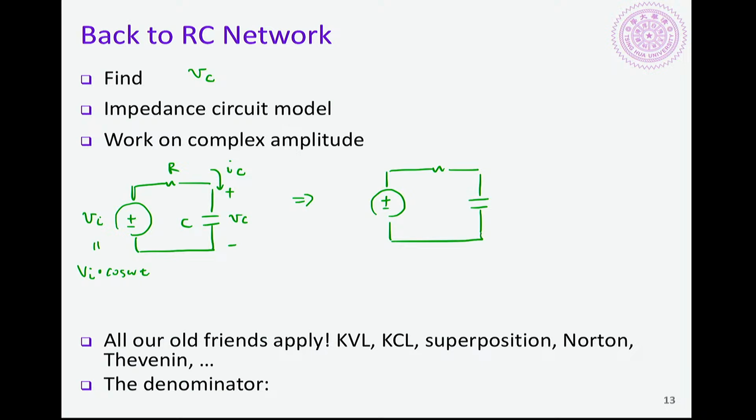firstly we convert the source into the complex amplitude Vi. And then we build the impedance circuit model. So the impedance of a resistor is equal to R. The impedance of a capacitor is equal to 1 over SC.